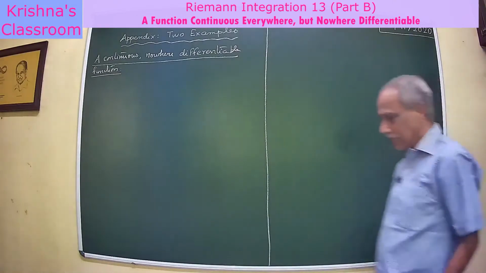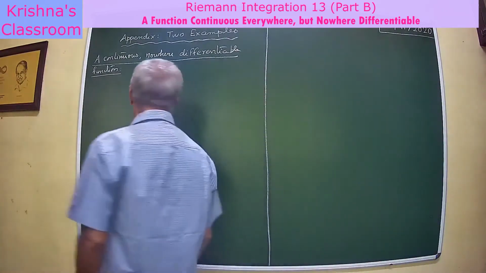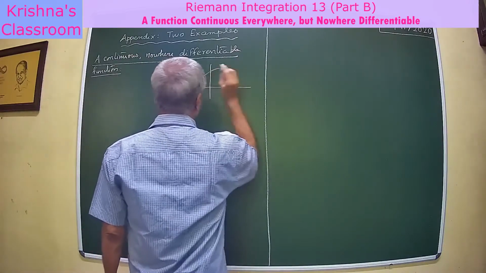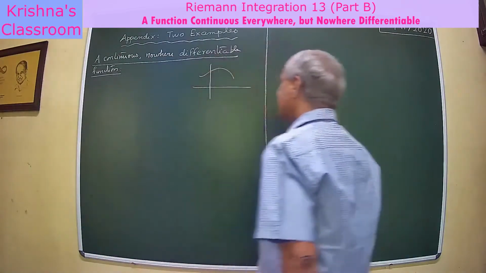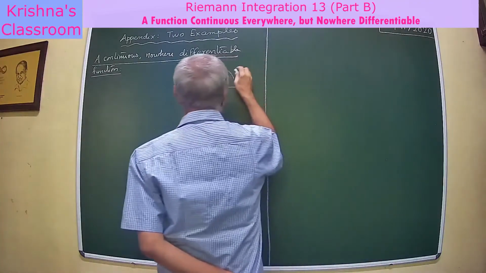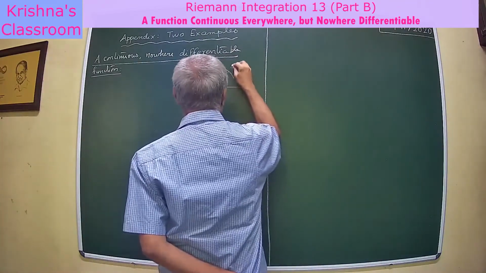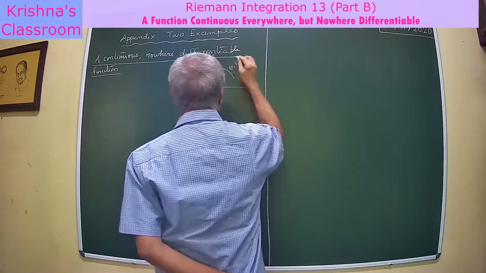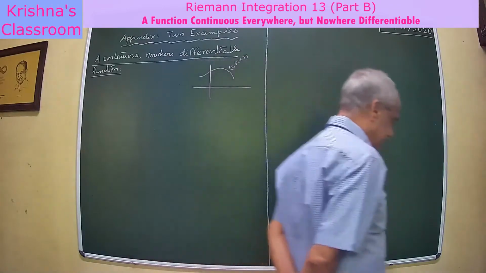Now, you know that if you have the graph of a function, something like this, x, f of x, there's a point on that.